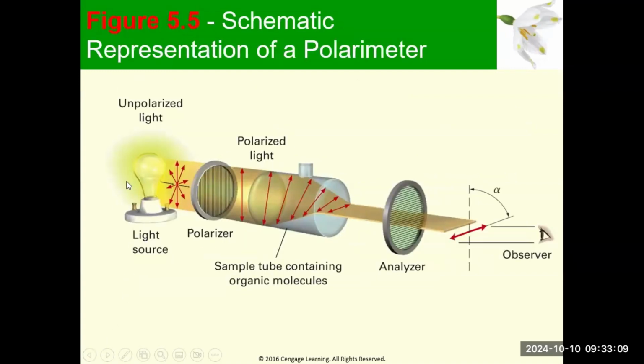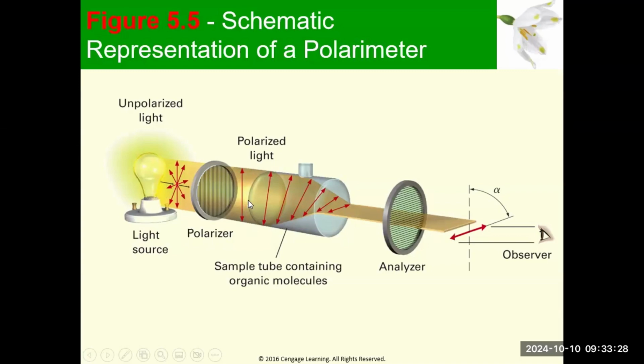All right, so let's show you how this works. You have polarized light, which is your light source, and it goes through a polarizer. When it goes through a polarizer, it is able to control the light, in a sense polarizing it. So you see how it's going in all directions, but now the light is just polarized north and south.